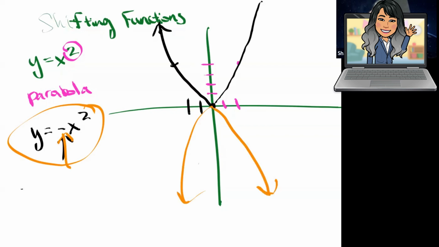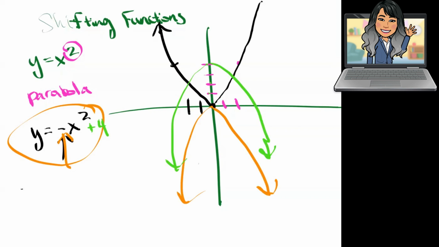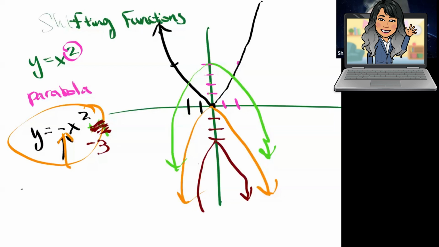If I plus 4, I'm gonna go up 4: 1, 2, 3, 4. It's gonna go like this. If I change this to -3, it's gonna go down 3: 1, 2, 3. Easy.